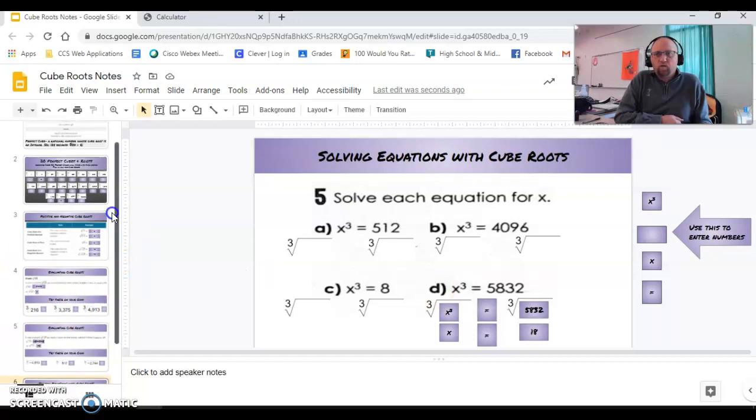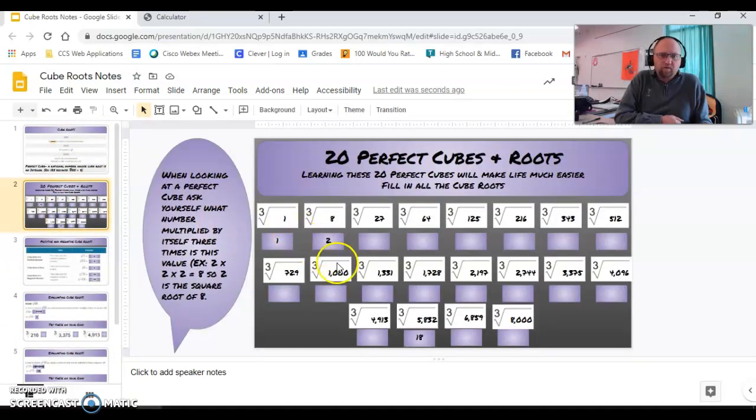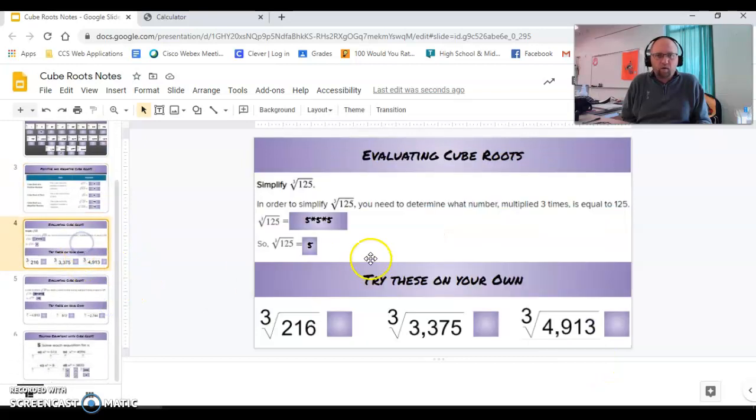So once you have typed cube root on slide 1, you have evaluated the first 20 perfect cube roots on slide 2. Slide 3 I pretty much did for you, so you just need to make sure everything that's on my slide 3 is on your slide 3. Slide 4, you need to update that, and then evaluate these 3 cube roots.